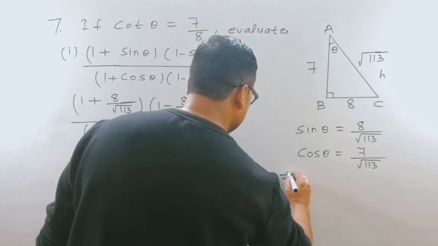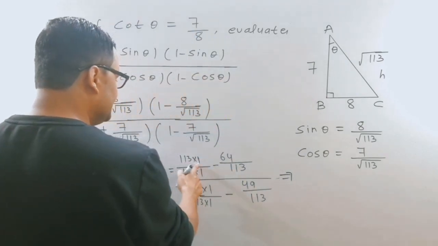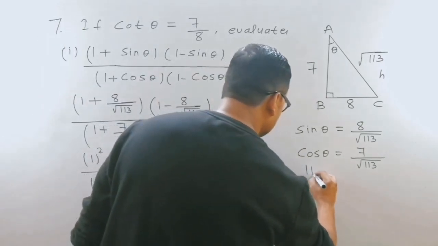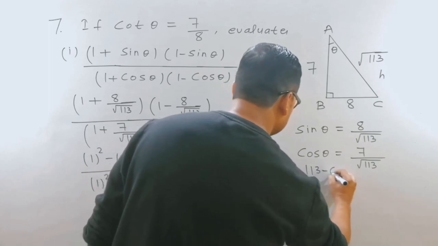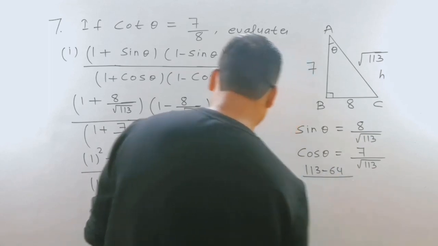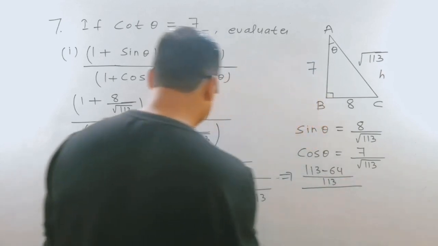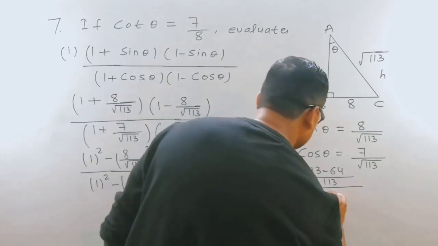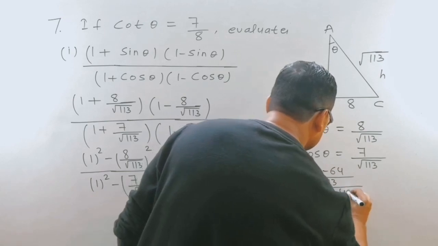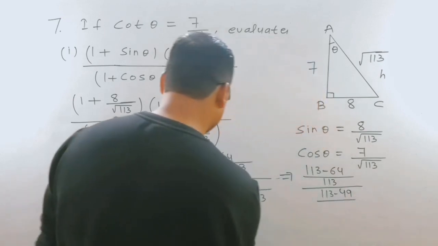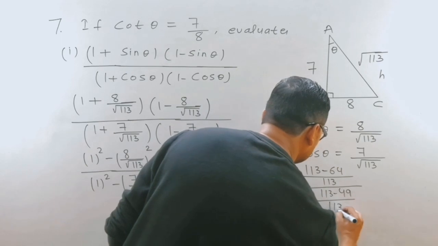So if I simplify again, I'll get 113 minus 64 over 113, divided by 113 minus 49 over 113.